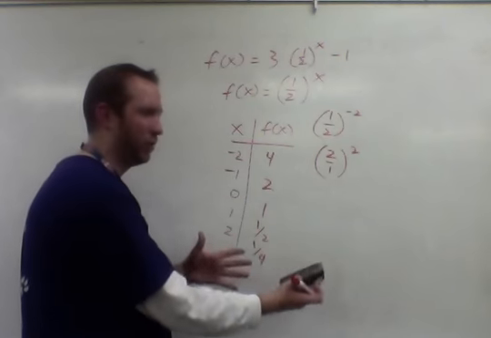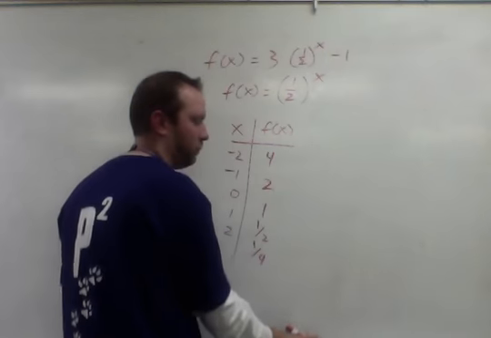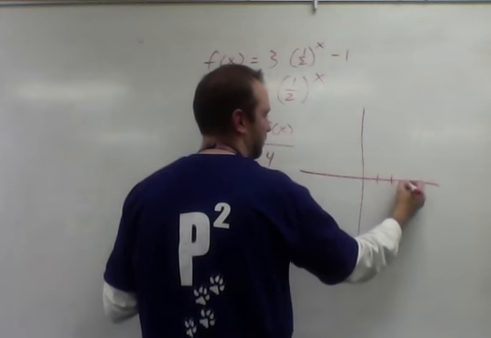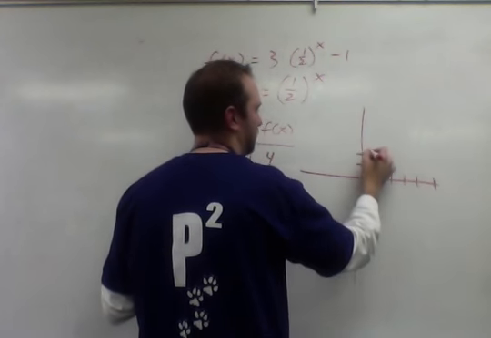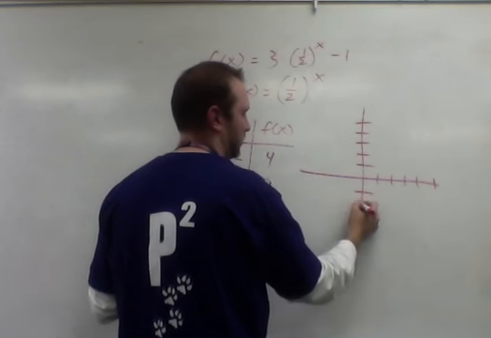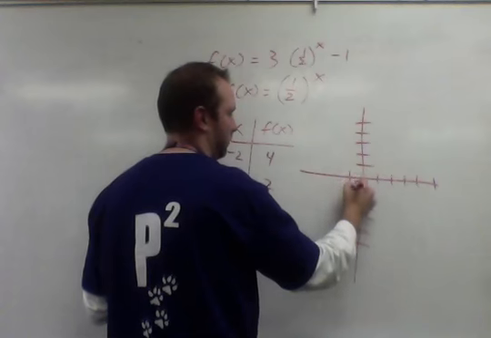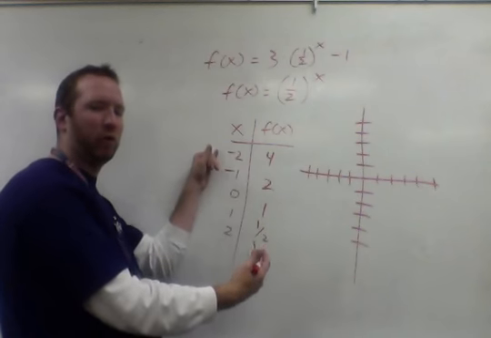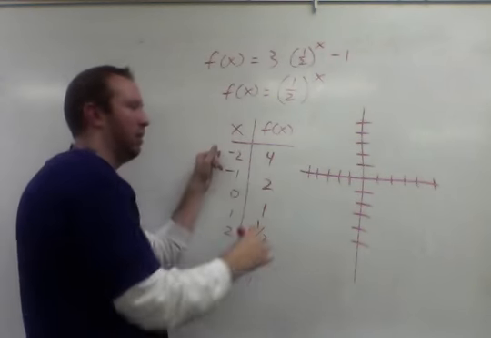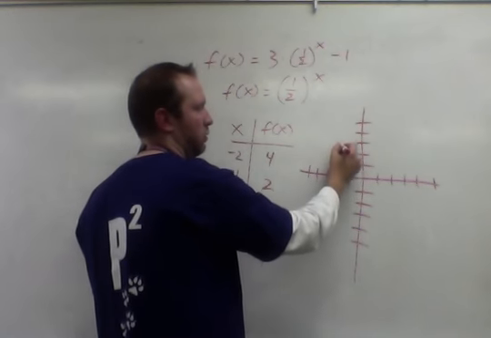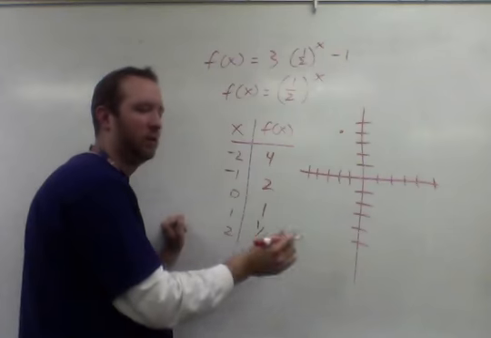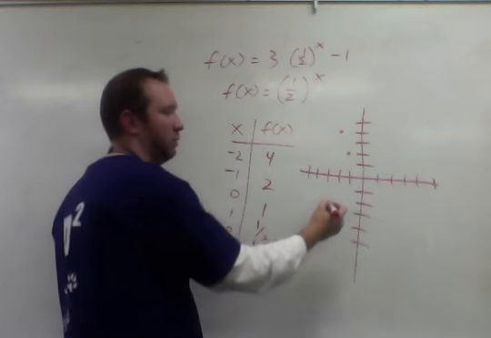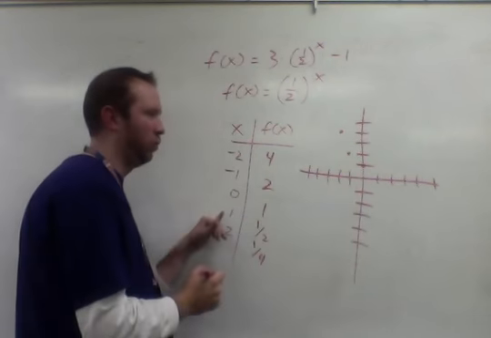So again, I'm going to take these points and plot them. All right, so when I plot these points, -2, 4, this is going to start up high and then level off. -2, up 1, 2, 3, 4. -1, 2. 0, 1. 1, 1/2.